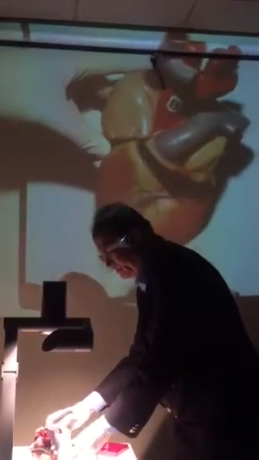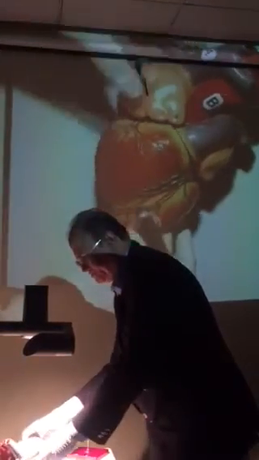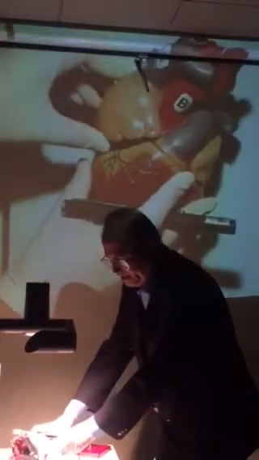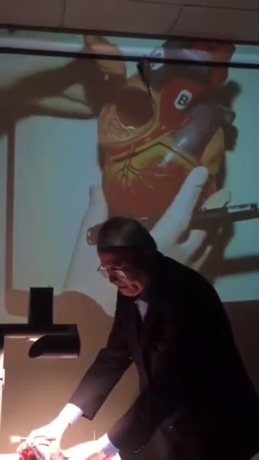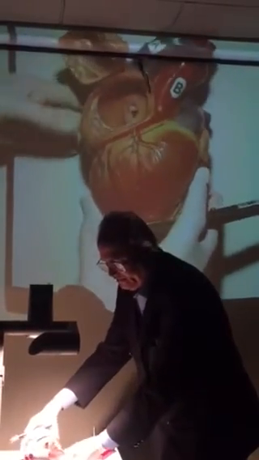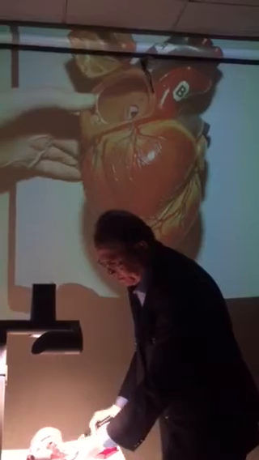Now, if I remove this like this, before that I should remove the right atrium. So I am opening the right atrium, and you see the cavity of the right atrium like this.